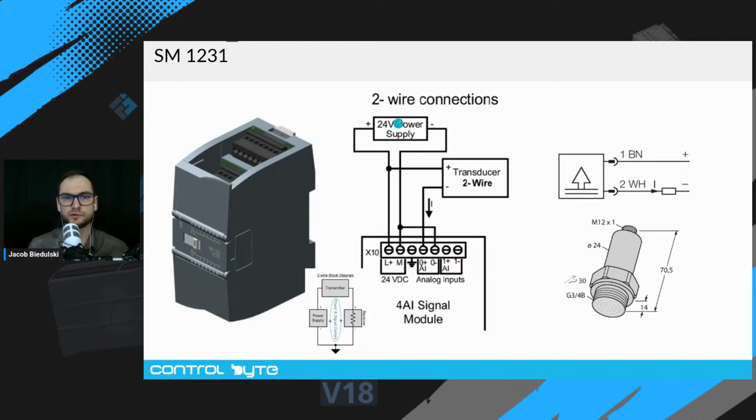So let's check how we can connect such a sensor to our Siemens module. Here we have a 24 volts power supply. We have to connect it to L plus and M of the Siemens module as well. To the brown wire designated with 1, we connect plus 24 volts power supply, okay?